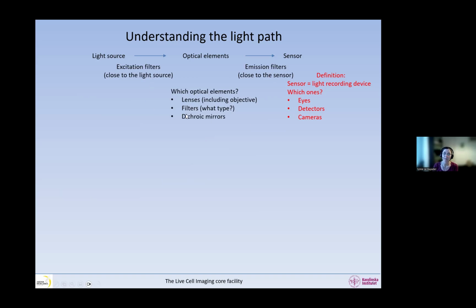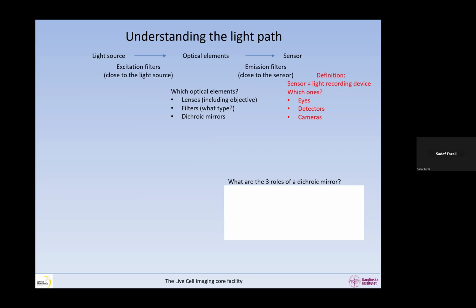We also have dichroic mirrors, and first, I forgot that. What are the three roles of a dichroic mirror? Can anyone tell me? It directs the light to the sample. Yes, it sends the light to the sample. And then it transmits the light that bounces off from the sample.